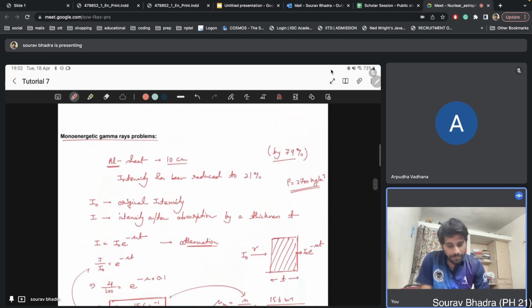Again I am saying, at first I mentioned it wrongly. It is true that 21% is the outcoming radiation, so it has been decreased by 79%.